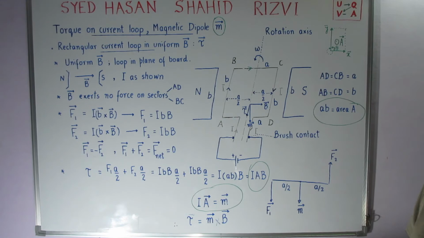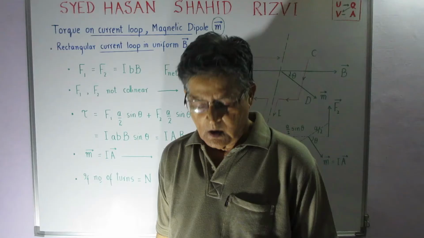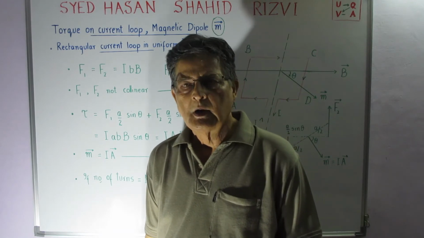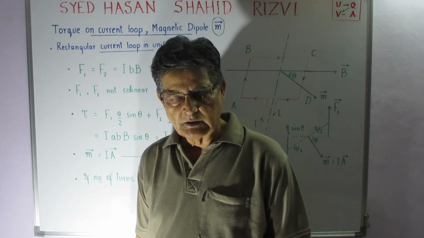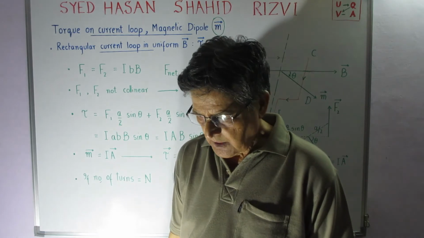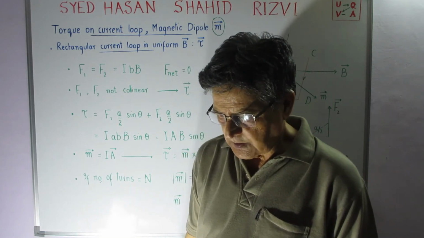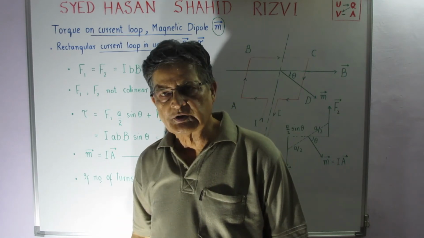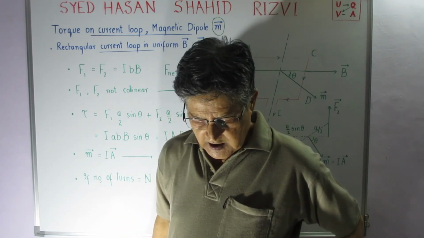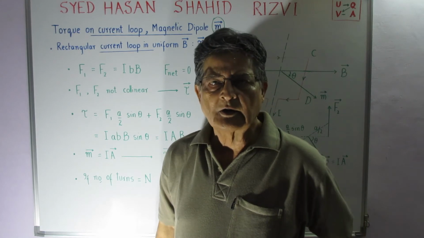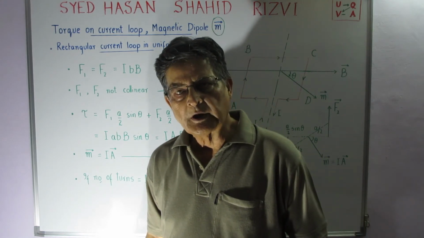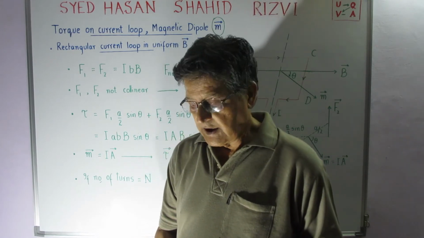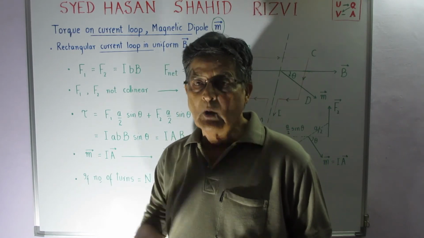So I do that. We did it for a rectangular loop, and that loop was in the plane of the board. So the angle between the area that creates AB and the magnetic field was pi by 2 radians, for which sine of the angle, sine theta, is equal to 1.